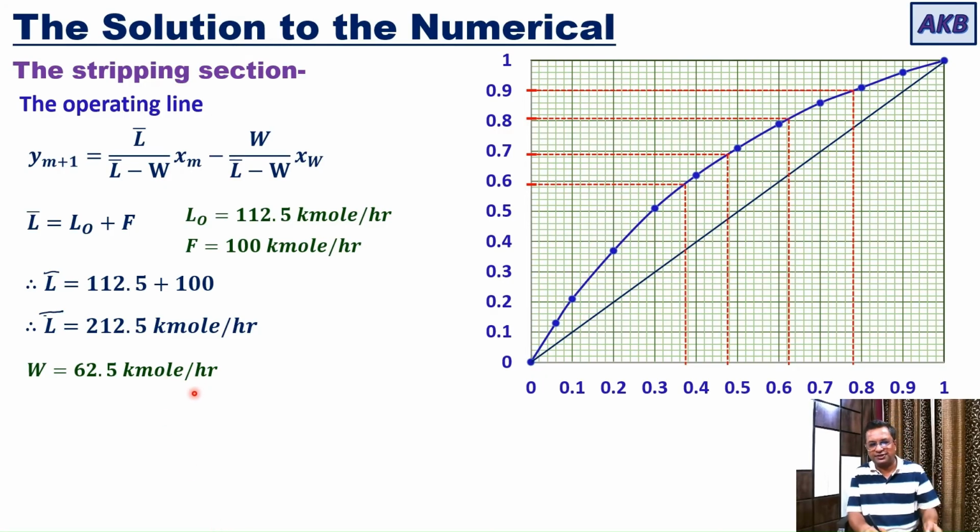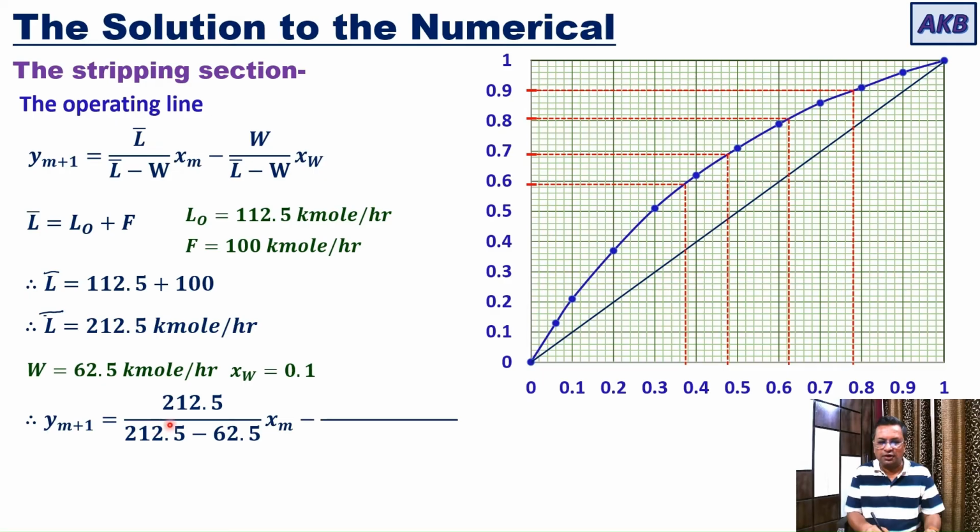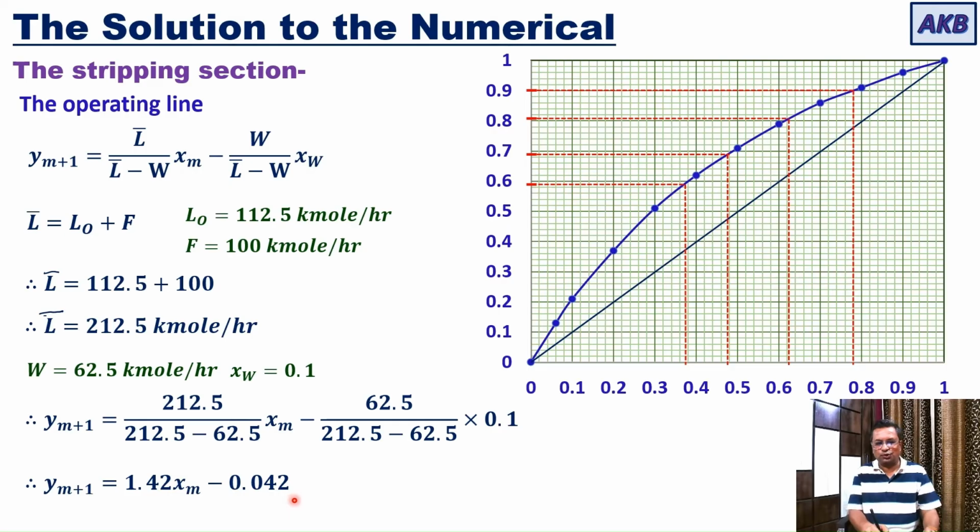We obtained it along with D. So now we will use all these values in the equation for the operating line. x_W is 0.1. Again, this is given to us. So that gives us y_{m+1} = (212.5 / (212.5 − 62.5)) x_m − (62.5 / (212.5 − 62.5)) × 0.1. That gives us y_{m+1} = 1.42 x_m − 0.042.